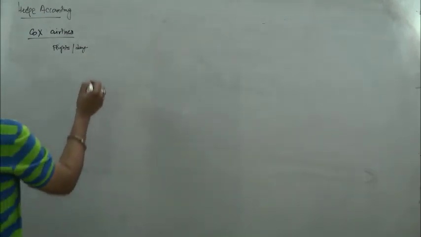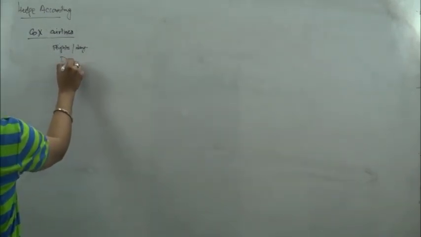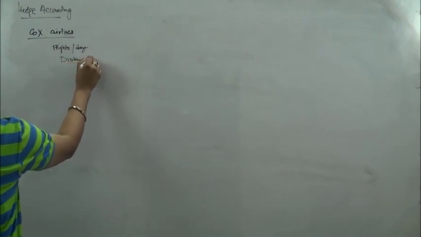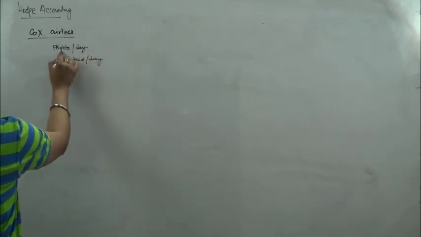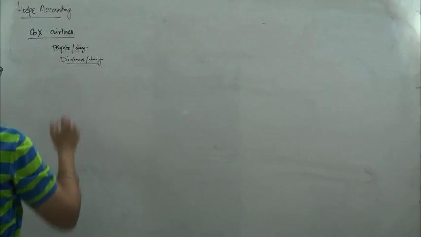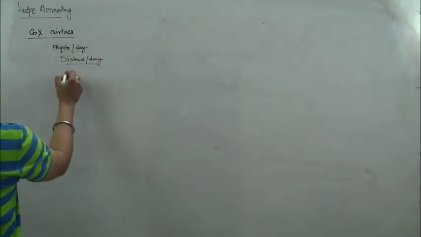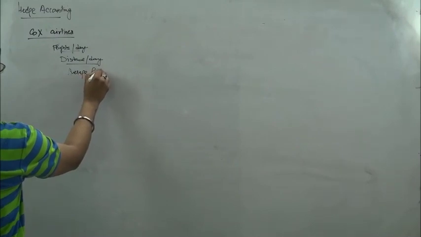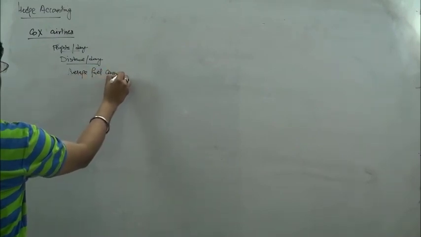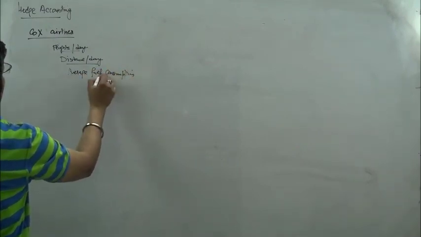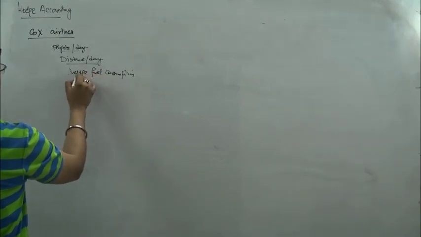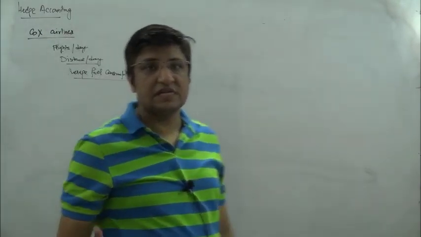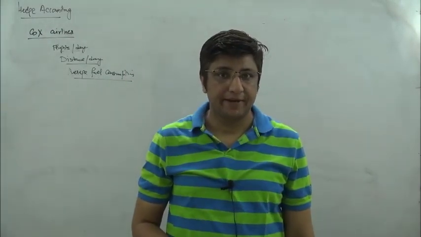It also knows what distance it covers per day based on the routes of those flights, and it also understands the average fuel consumption that it will have on a daily basis for such kind of flights, right?